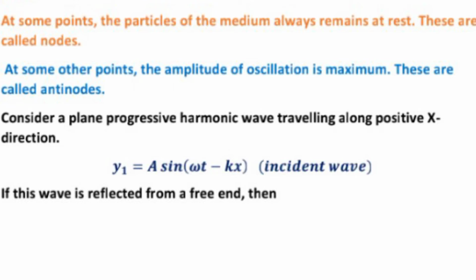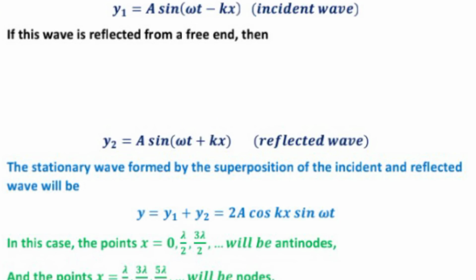Consider a plane progressive harmonic wave traveling along the positive x direction: y1 equals a sine (omega t minus kx). This is called the incident wave. This wave is reflected from a free end. Then after reflection, the wave will be y2 equals a sine (omega t plus kx).